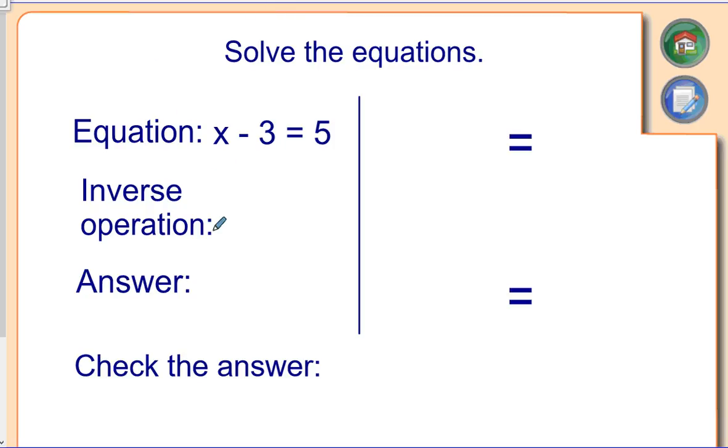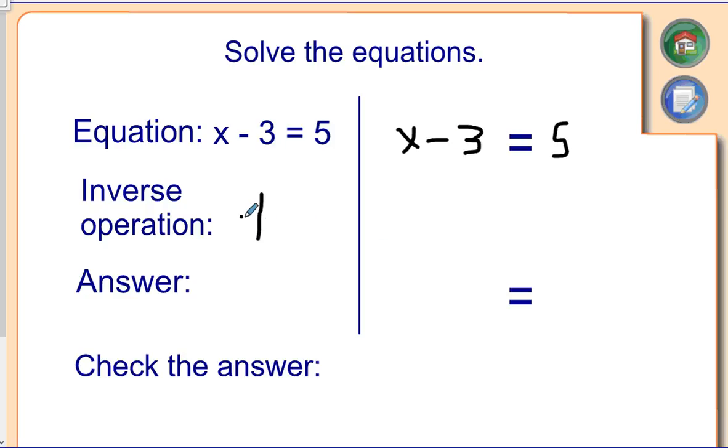So my equation is x minus 3 equals 5. I'm just going to write it out over here again. My whole goal is to get this x by itself. So I need to get rid of this minus 3 or this negative 3. So I'm going to think about what is the inverse operation of subtracting 3?